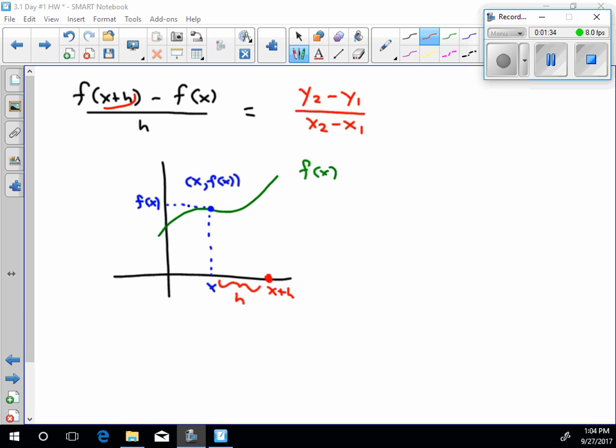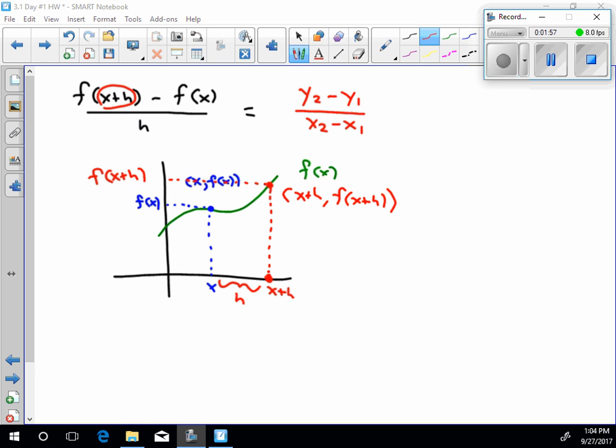Now when I take that input and map it onto this point, its output will be f of x plus h. So this point is x plus h, comma, f of x plus h.